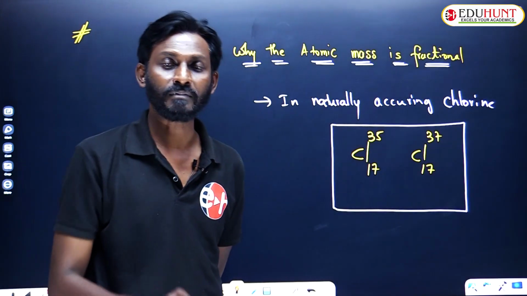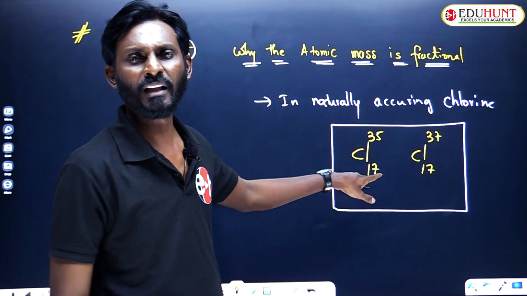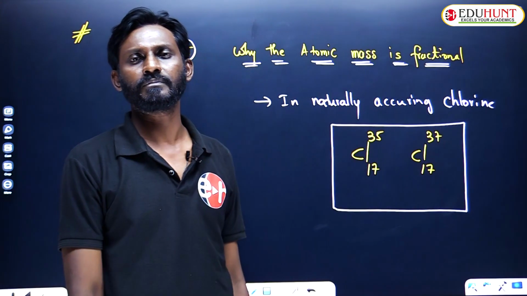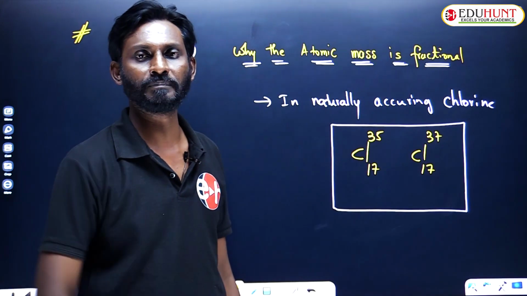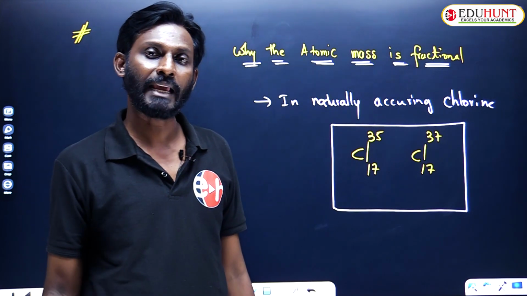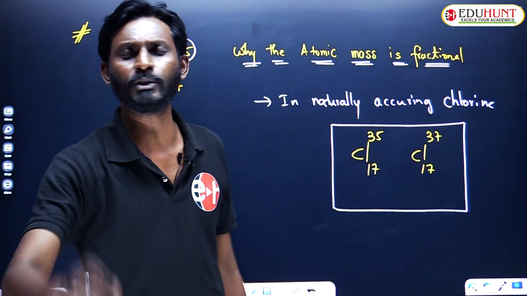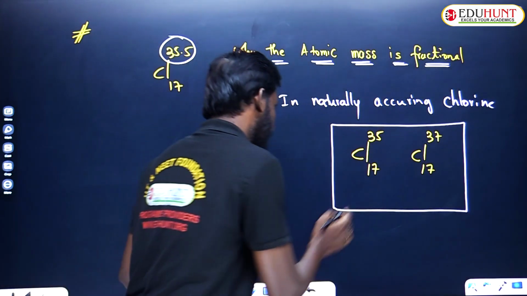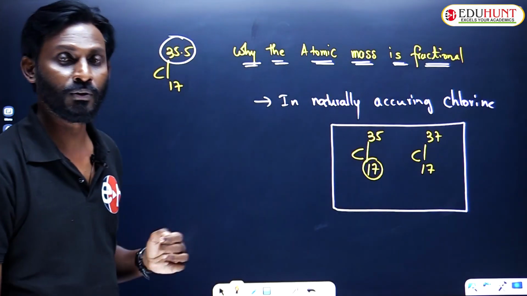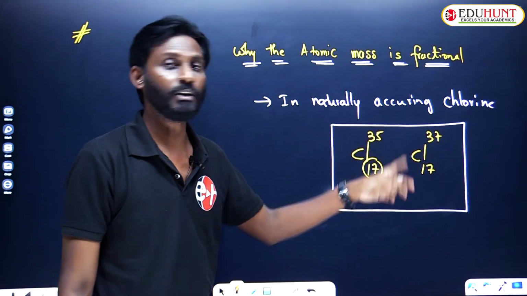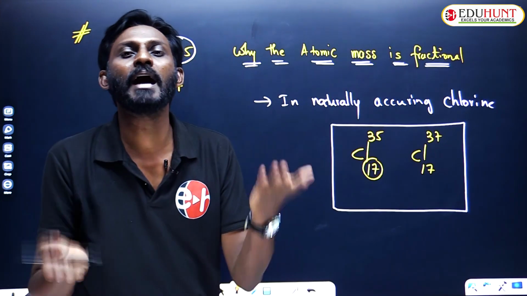Like that, if the number of protons in the nucleus is 17, that is chlorine only. You can add or remove electrons, still a chlorine atom. The neutron number can vary a little bit, no problem. Until and unless the proton number changes from 17, this is chlorine only. So we have two types of chlorine atoms, but with different mass numbers.